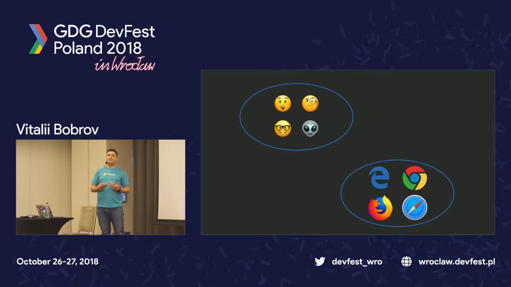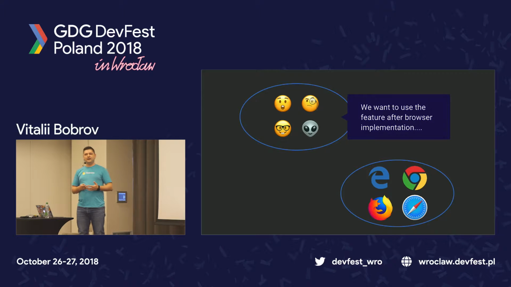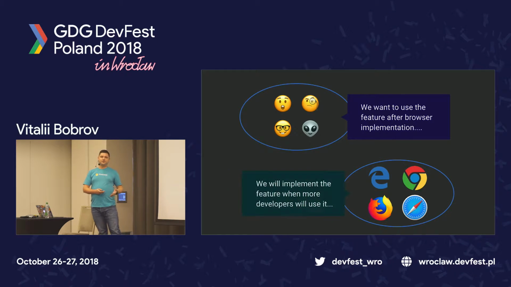So what is the problem? Why do we need this Houdini project? On one side we have us developers. We want to use some feature only after the browser implemented it. On the other side we have browsers that want to implement some feature only if some developers, some resources, use these features.